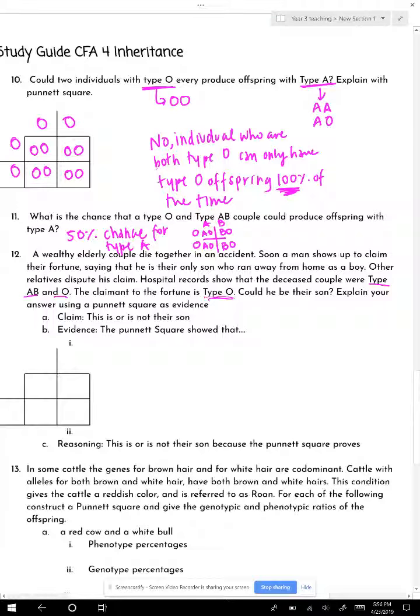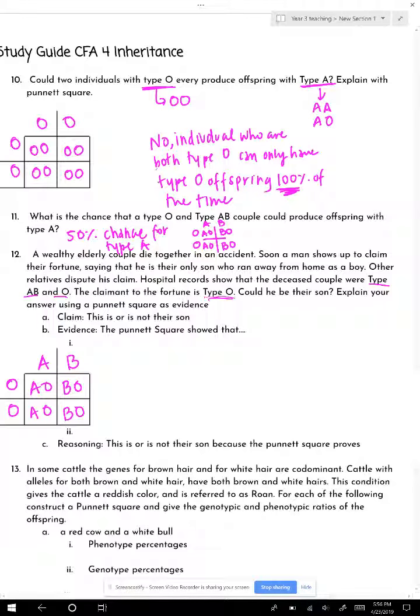So I have the claim, evidence, reasoning set up as well as the Punnett square for you. So we're going to look at this. If they are type AB, we automatically know this is the easy one. So that's AB, and if they're O, we have our O there. So it's the same Punnett square as the one above, basically. His blood type is type O, and they're asking us, can he be their son, right?